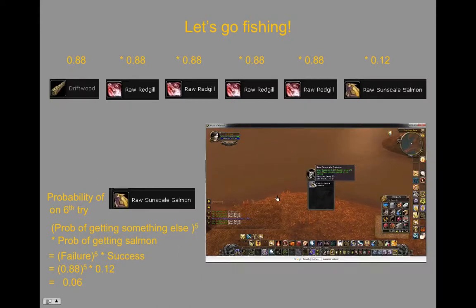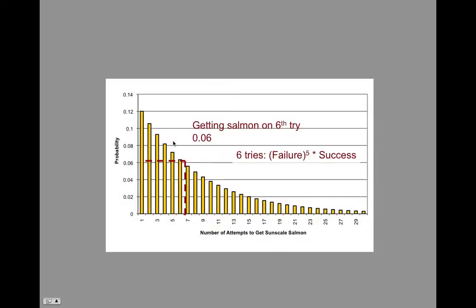Okay, my movie's finished playing, and you can see, I don't know if you can make out the font, but there were 5 failures, and finally on the 6th try I did get the salmon. So the probability of getting salmon on the 6th try is 0.06, and we get that equation by taking failure, raising it to the 5th power, because there are 5 failures before you actually get a success on the 6th attempt.